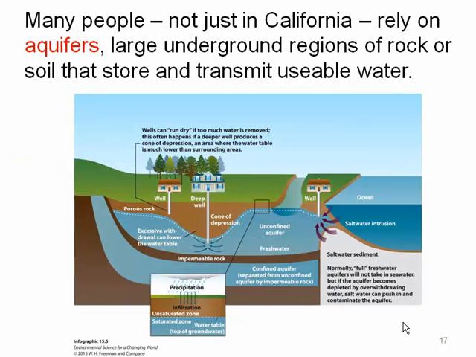In many places around the country, not just in California, there's an increasing reliance on groundwater, and these groundwater resources are derived from aquifers. These are large underground areas of rock or soil that both store and transmit usable quantities of water.